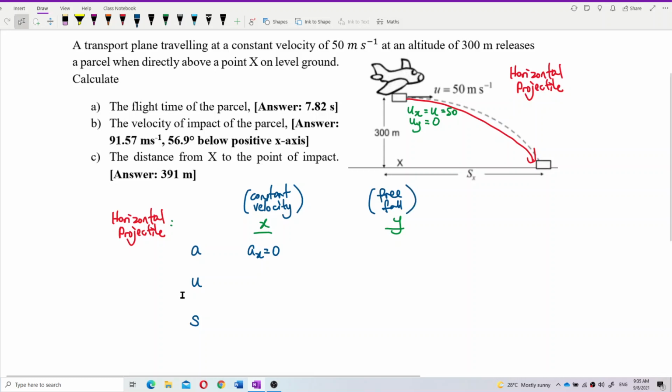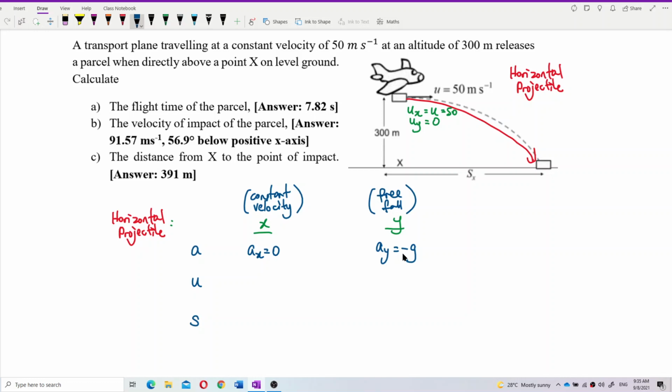So no acceleration, ax is 0. And then the y component is free-fall motion, so ay is negative g. This is the thing you must know already.